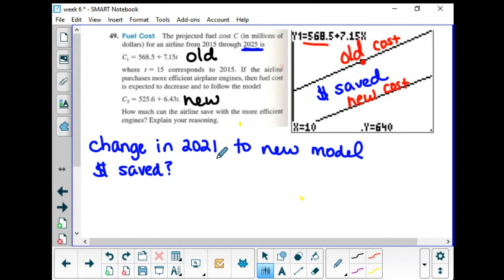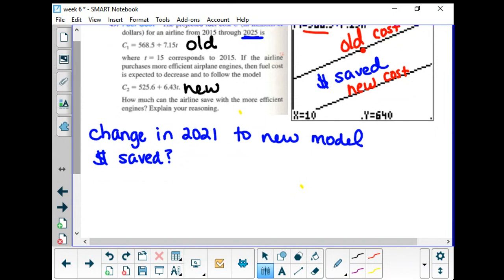Assuming that these models are only valid up to 2025, maybe in 2025 something else happens. I don't know, maybe we have so much for fuel up to 2025, and then we'll renegotiate that. So for some reason, 2025 is kind of an artificial cutoff. But given that, how much money are we going to save making that change in 2021?